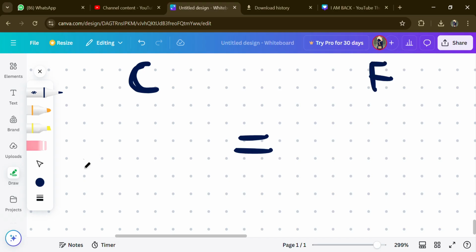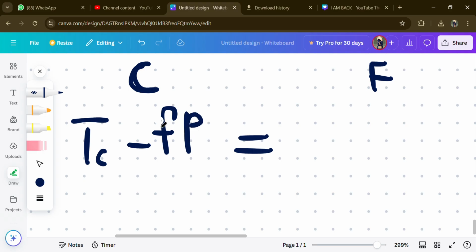Then write TC, that actually is the temperature that you will be given to transfer it to Fahrenheit. Then you have to minus it with the freezing point on that scale. Keep my words with you. The freezing point on that scale divided by the total divisions of that scale.